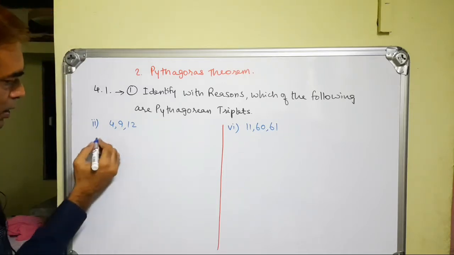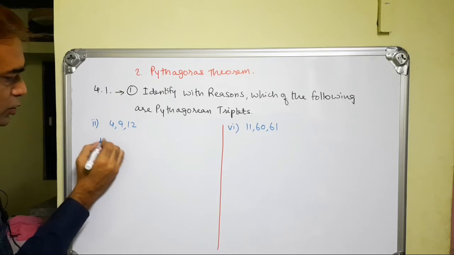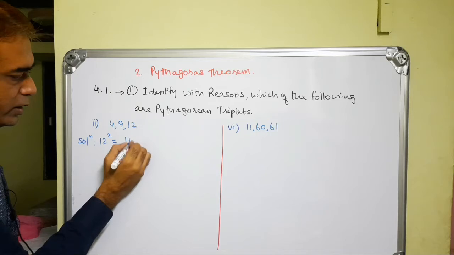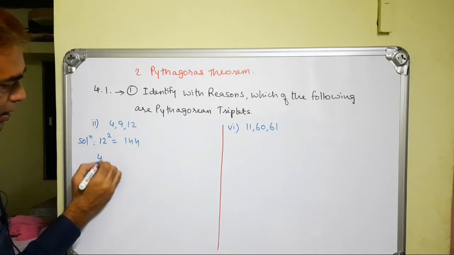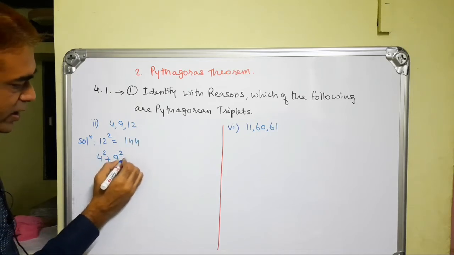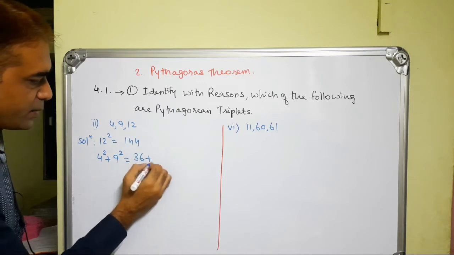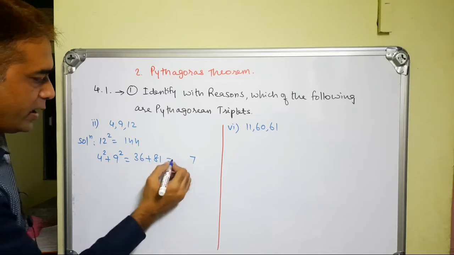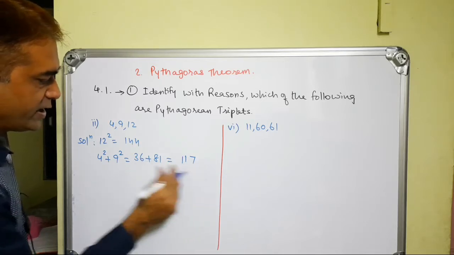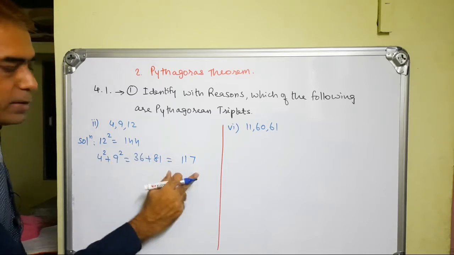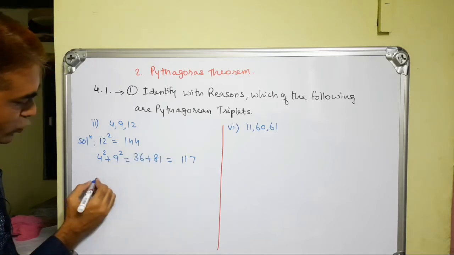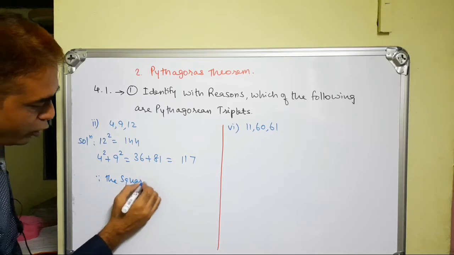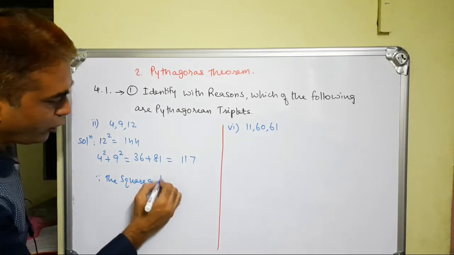Now here the largest number is 12, so we'll write the solution. 12 square is 144, and 4 square plus 9 square is 16 plus 81, the sum is 97.